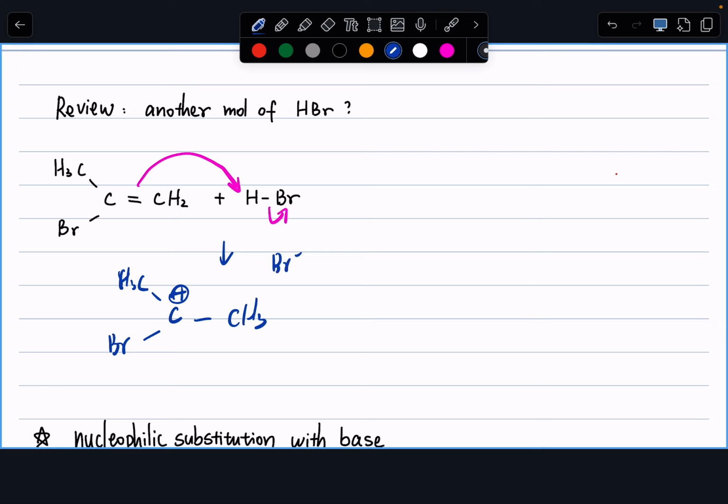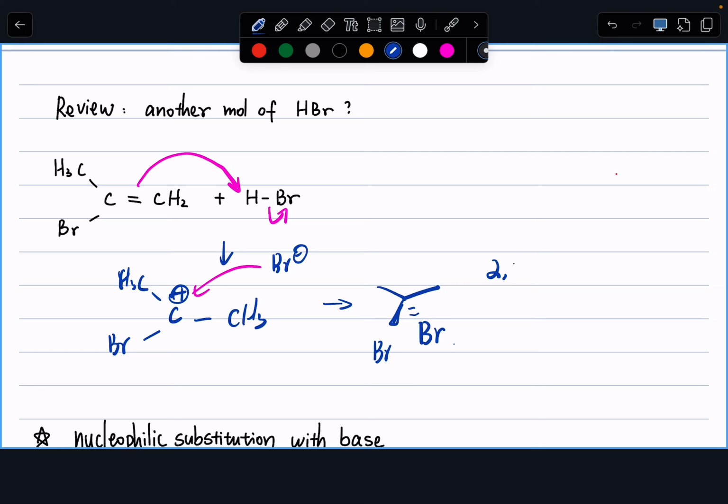And the Br minus will attack that carbocation and will form a di-substituted alkane or haloalkane. Now, what's the IUPAC name for this product?